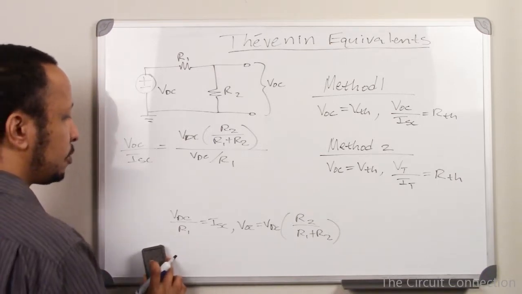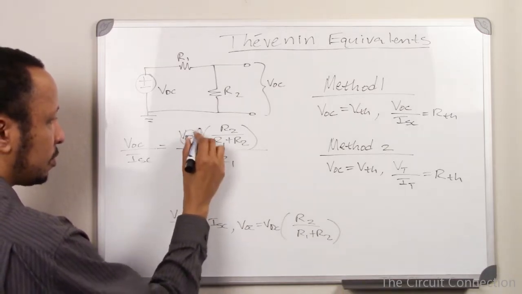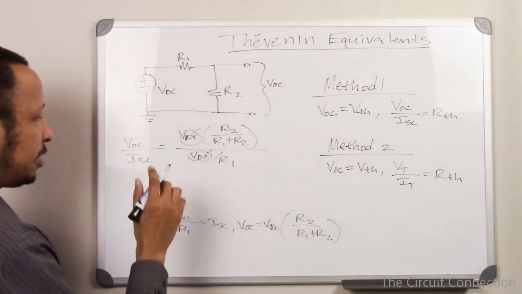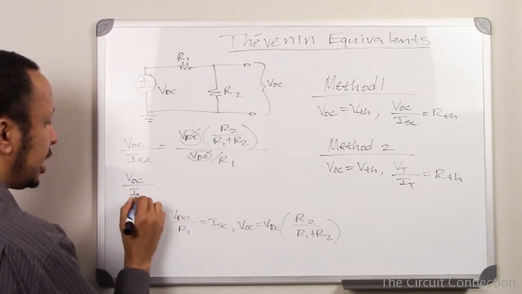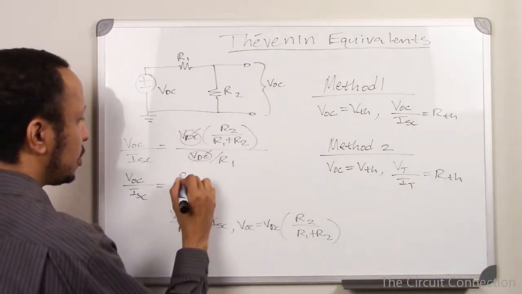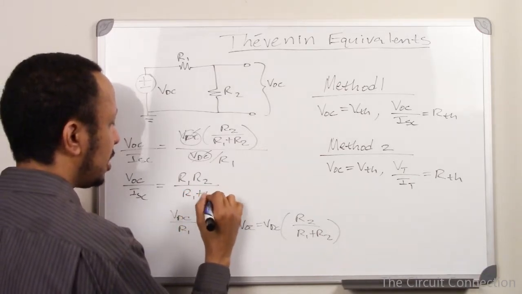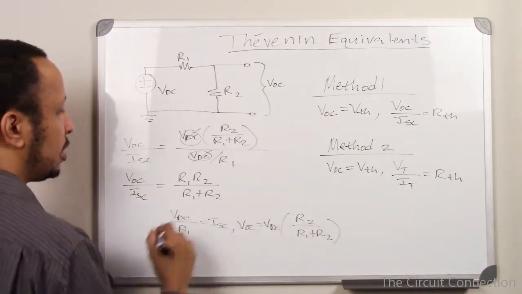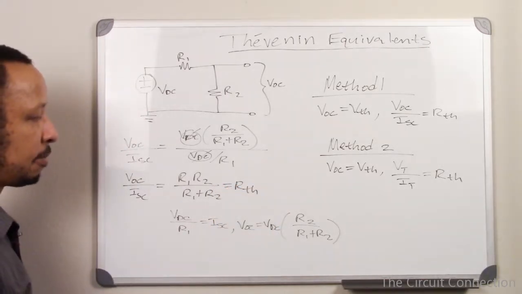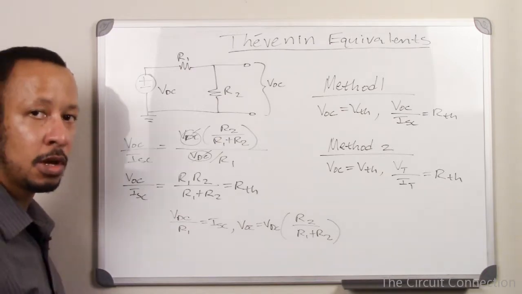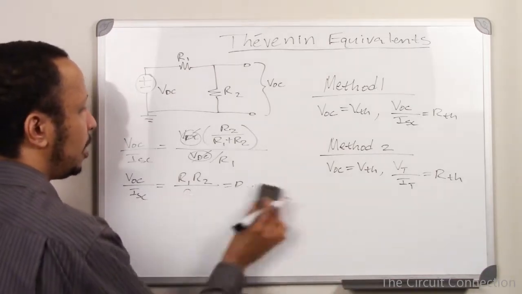As you can see, VDC cancels and you have R1 on the top, so VOC over ISC equals R1 R2 over R1 plus R2. That would be RTH. That is all we need to do in order to use method one. Now on to method two.